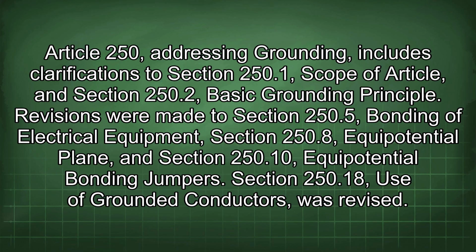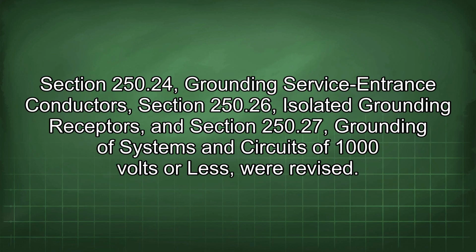Section 250.18, use of grounded conductors, was revised. Section 250.24, grounding service entrance conductors, Section 250.26, isolated grounding receptors, and Section 250.27, grounding of systems and circuits of 1000 volts or less, were revised.